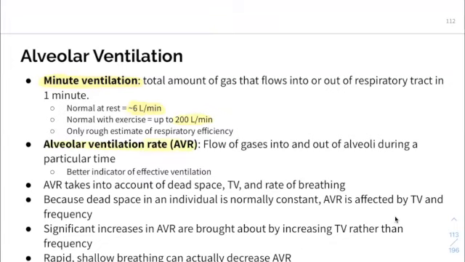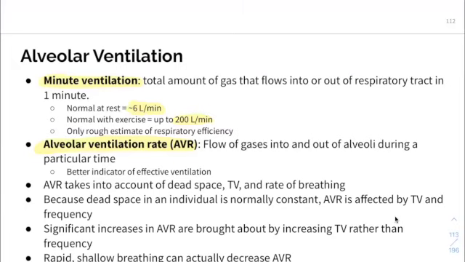Our alveolar ventilation rate is, of course, air flowing in and out of those alveoli. That's what they usually use to check the effectiveness of our breathing, of our ventilation.